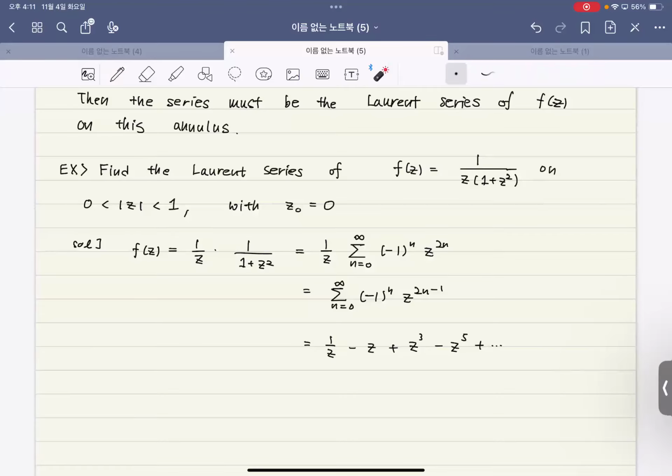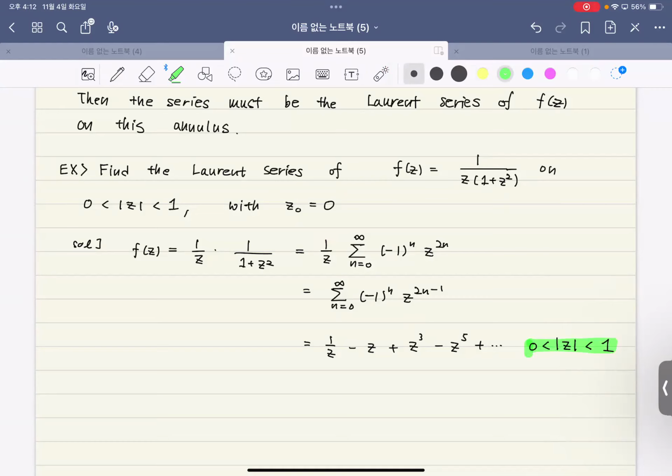Okay? And we already know that this expansion is true if the modulus of z is less than 1. Oh, sorry. But in this case, since we should not be including the origin, this is the correct domain of convergence.